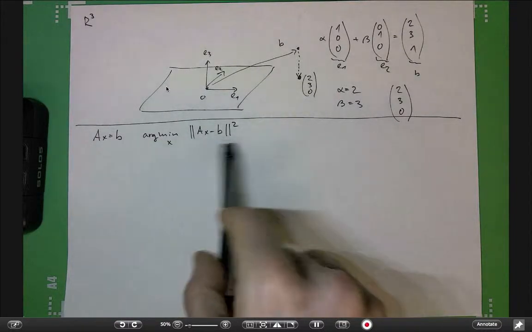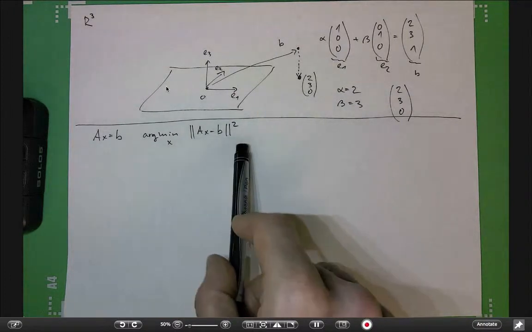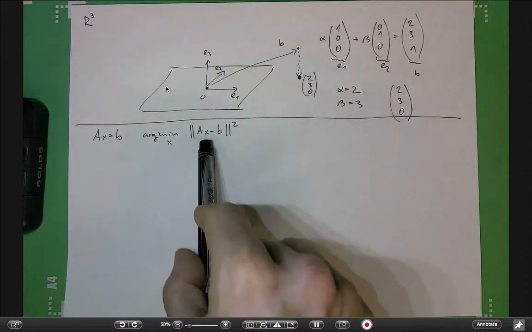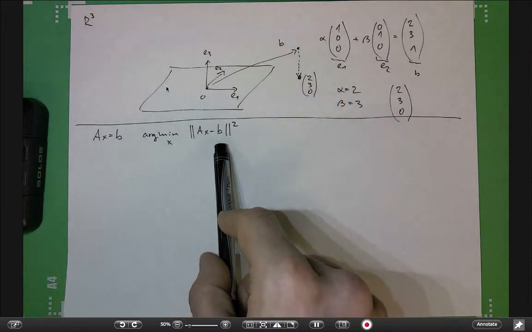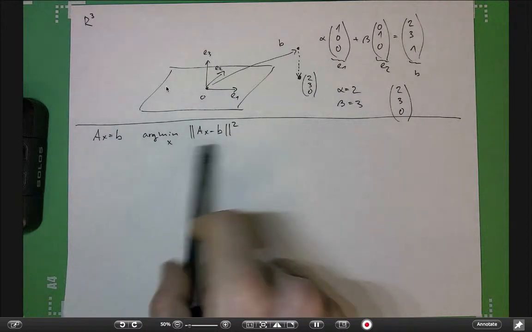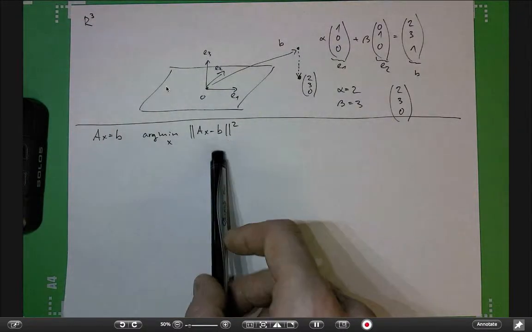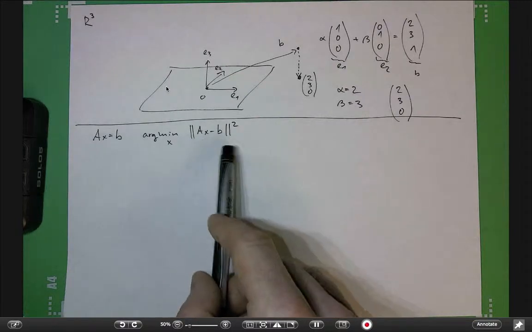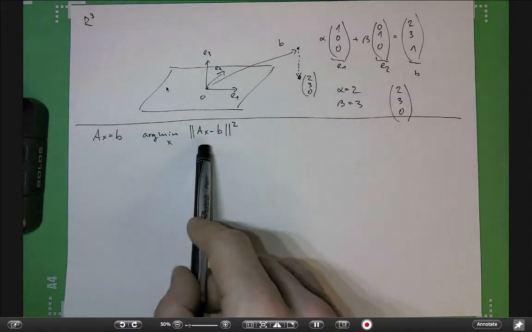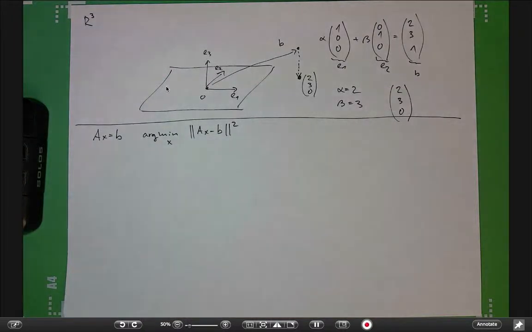Because the norm of a difference of vectors is measuring how far the Ax vector is from the b vector. If Ax is exactly b, then I have 0. If Ax can never get exactly to b, then I can be asking what x gets me as close as possible to b. Does that make sense?